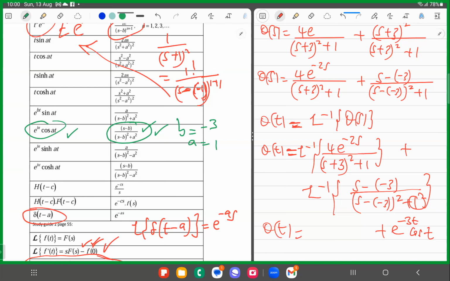Now we have to do the other part. The other part can be done by using the tables, but also you can use any of these results, like that result there. I'm going to show how to use the applications, but also I'm going to give the result.